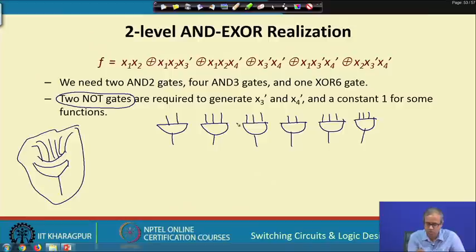So, you need 2 input AND gates and 4 3 input AND gates and 1 6 input XOR gate. Now, what I am saying is that in general, this is a general expression. For some function you may also have a term 1 XOR something, right. So, a general circuit will look like this.